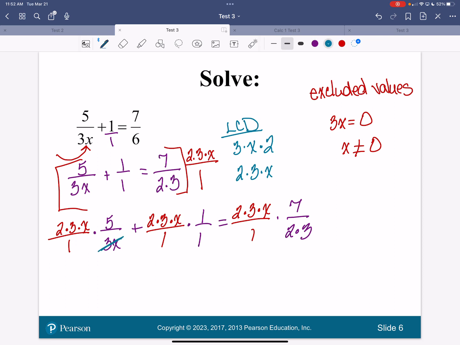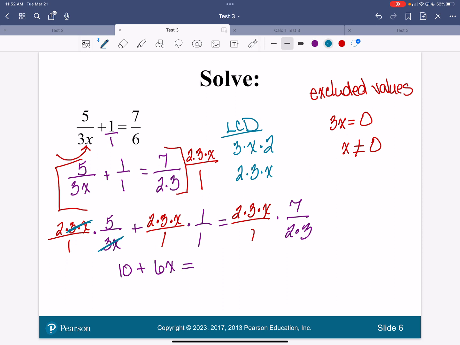So here I've got a 3x in the denominator, so I am left with 2 times 5. Here, nothing cancels because this is over 1, so I'm left with 2 times 3 times x, so that is 6x.